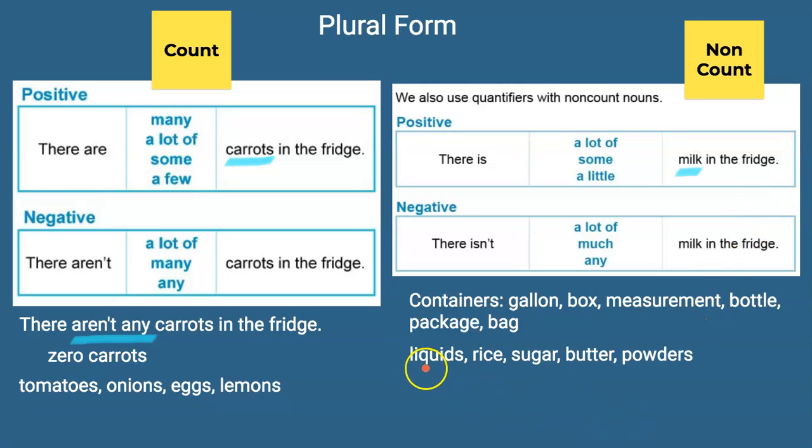Non-count nouns are all forms of liquids, rice, sugar, butter, and all kinds of powders. Unless we put all of these non-count nouns inside containers, for example, gallon, box, measurements such as liters, ounces, pounds, bottles, package, and bags, we can never consider them a plural form.